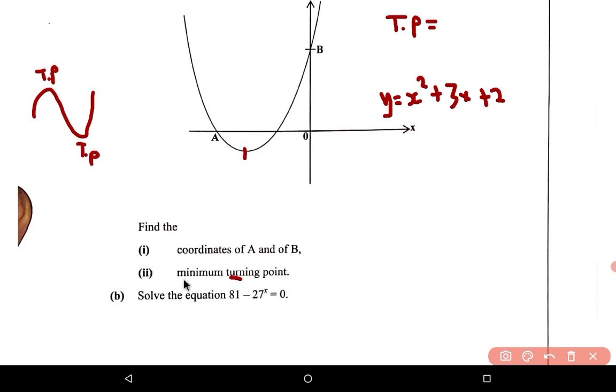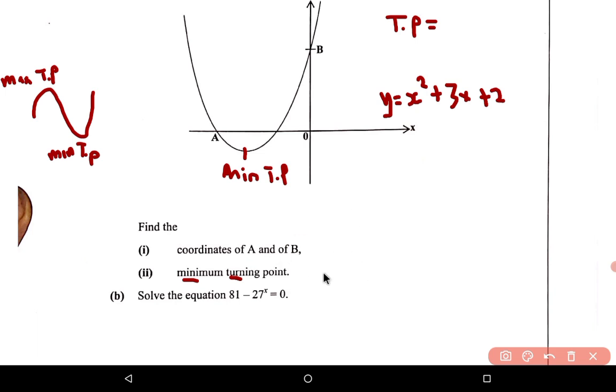The question was specific on saying minimum because when it's a hill, this is a maximum turning point, and this one, like a depression, is called the minimum. But for this particular curve, it only has one turning point, and this is a minimum turning point. I'm sure you understand now the difference between minimum and maximum turning point.